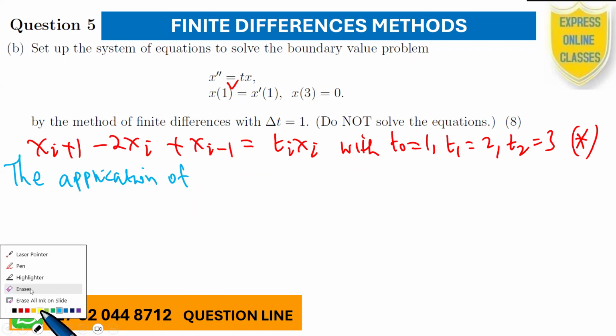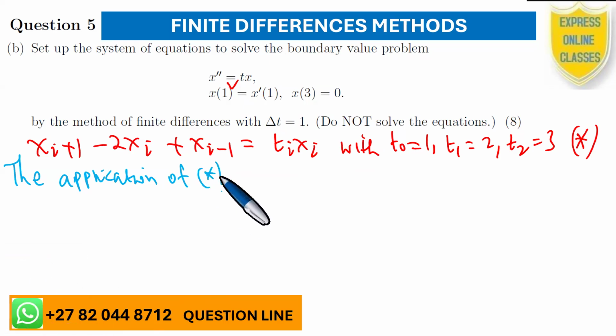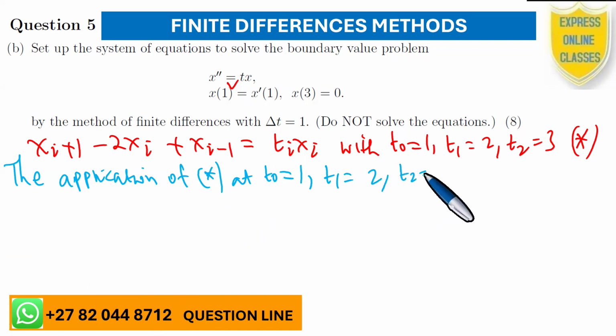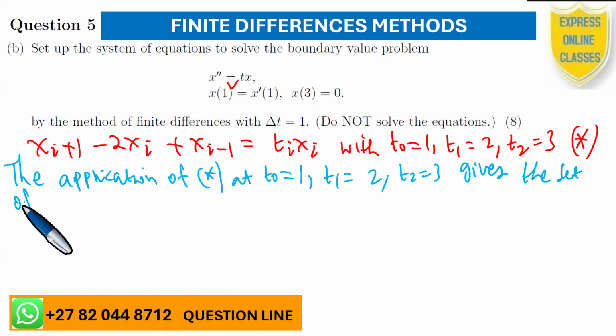So the application of star at t0 is 1, t1 is 2, t2 is 3, gives the set of equations.